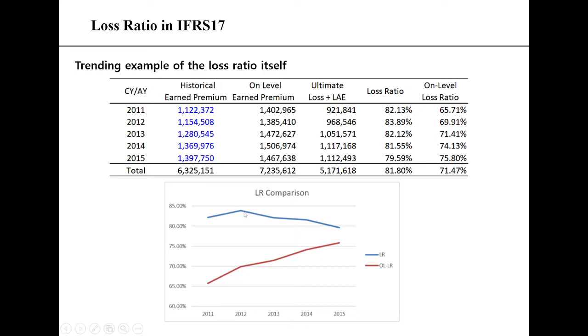And here, with IFRS 17, if you try to use the loss ratio, even though the premium level is different, it should look like this. You don't apply the on-leveling against the historical data. Whatever many years back, what is the loss ratio over there?